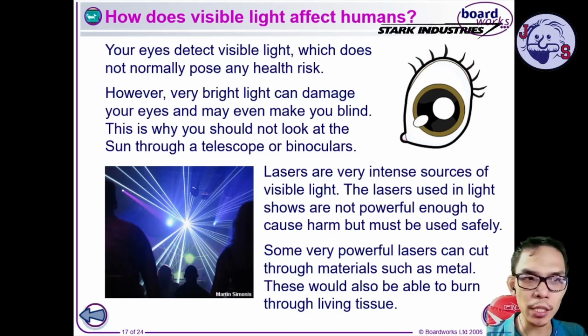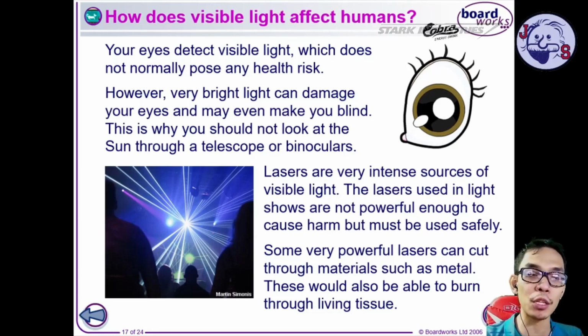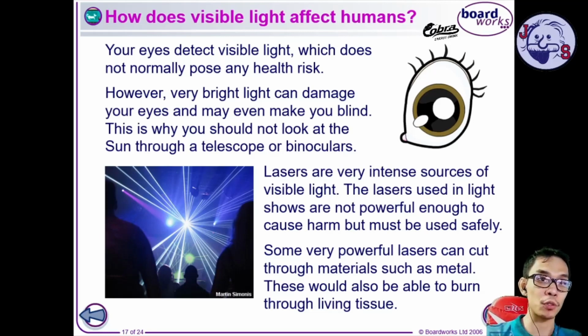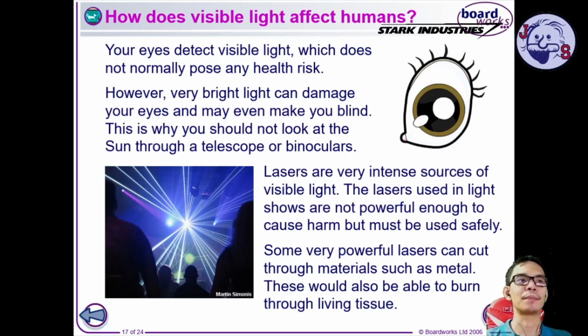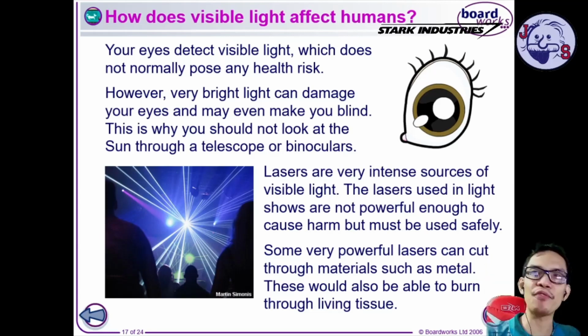There is also blue light emitted by the screen of your cell phones. As much as possible, limit your exposure to blue light so that your eyes will not be damaged after a longer period of exposure. So that is the visible light.